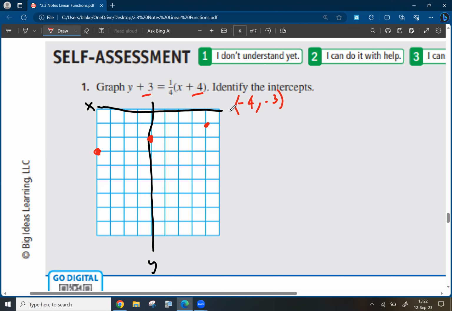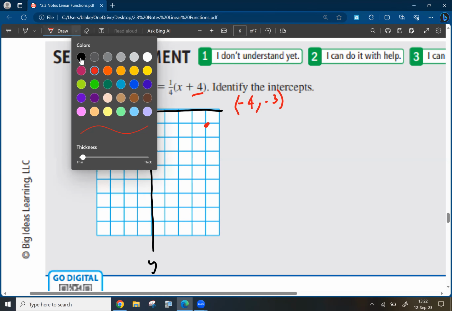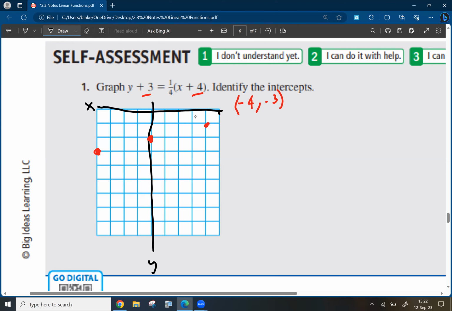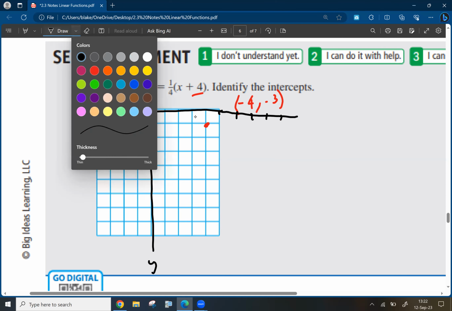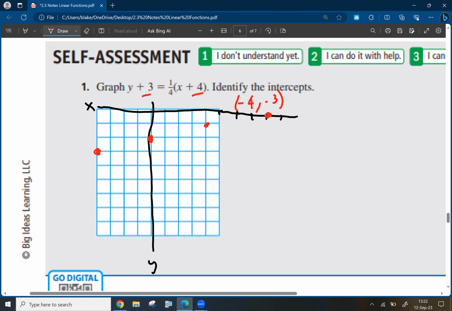Now I have to keep going, although I don't really have the room for it, which is why I was struggling before. But I'm going to have to extend this. I'm going to have to go up 1 and over 4 again. So if I go up 1 and over 4 again, that'll put me right here. And the reason I needed that is because I need to know both the x and y intercepts.